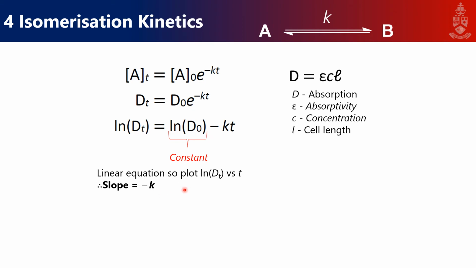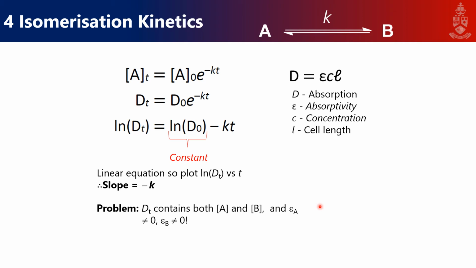It's exactly the same thing, but now we have a problem. What is our problem? The problem is that we have both A and B contributing to this absorptivity at the wavelength that we are monitoring. Remember, we're just looking at the lambda max, and at lambda max we have both of them still absorbing.